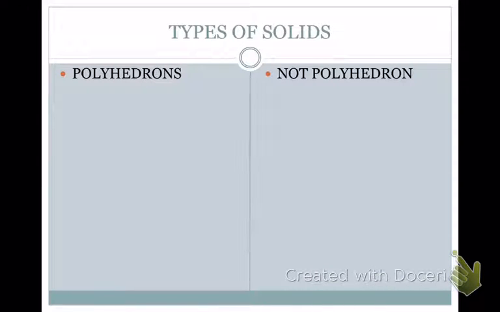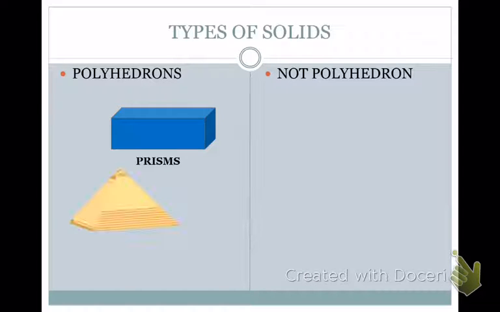So polyhedrons, some characteristics or some examples. This is a polyhedron. That's a rectangular prism. This is a polyhedron. It's a pyramid. So you've got prisms and pyramids. And then not a polyhedron would be something with a curved edge.